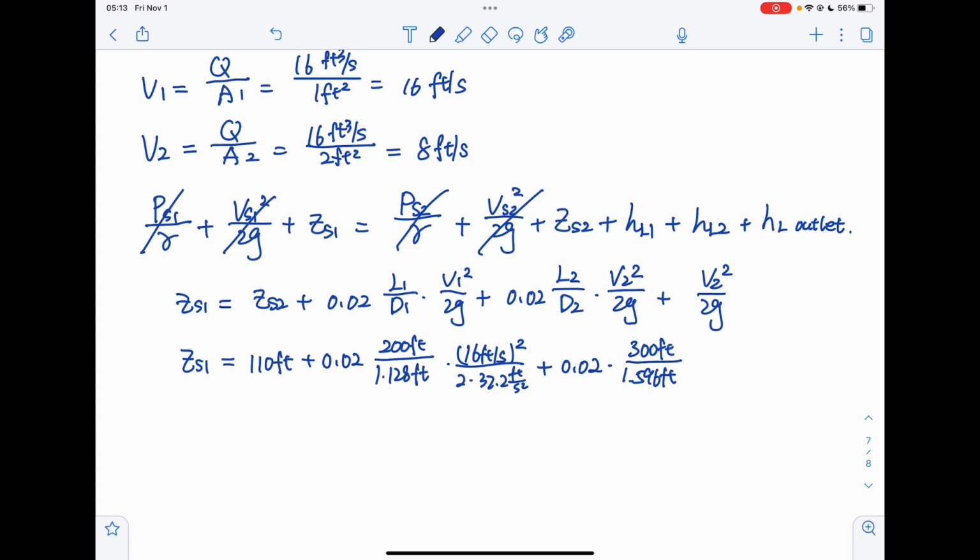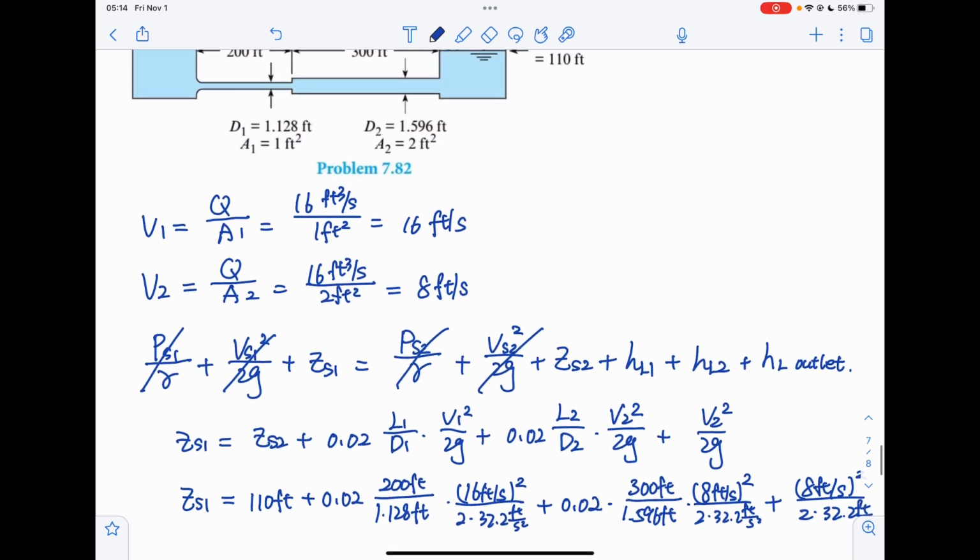Okay, times the velocity, which is 8 feet per second squared over 2g, plus the velocity head, 8 feet per second squared over 2 times 32.2 feet per second squared. Okay. So if we do the calculation, the elevation of surface 1 will be 129 feet.